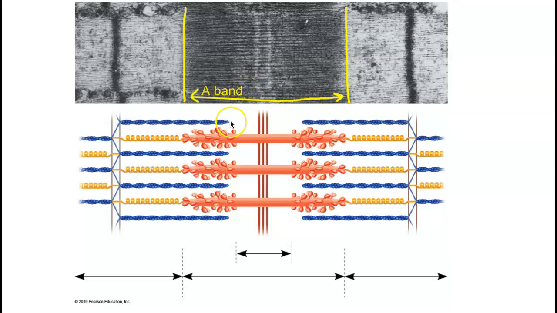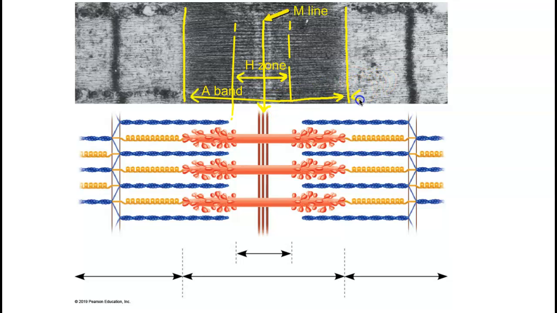Then we can also see, and you can line this up with the diagram, that where the thin filaments end, it's a little bit lighter in that region. That's what's known as the H zone. We can also see a stripe going right down the middle of the H zone, corresponding to the protein that anchors the thick filament in place. That's what's known as the M line.